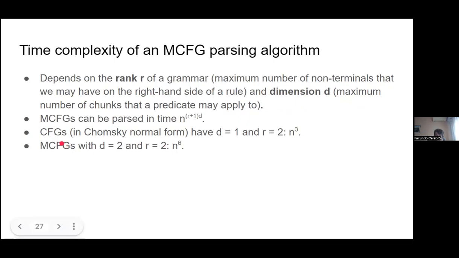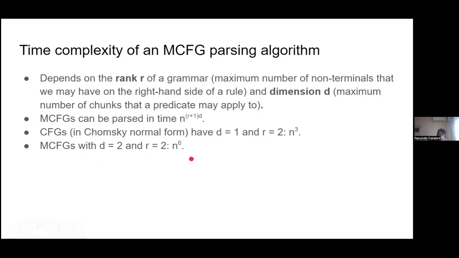So in the case of CFGs, if we stick to the Chomsky normal form, we have dimension 1 and rank 2, so we have n cubed. And in the case of MCFGs, as the ones that Clark proposes, we have dimension 2 and rank 2, so the time complexity would be n to the power of 6.